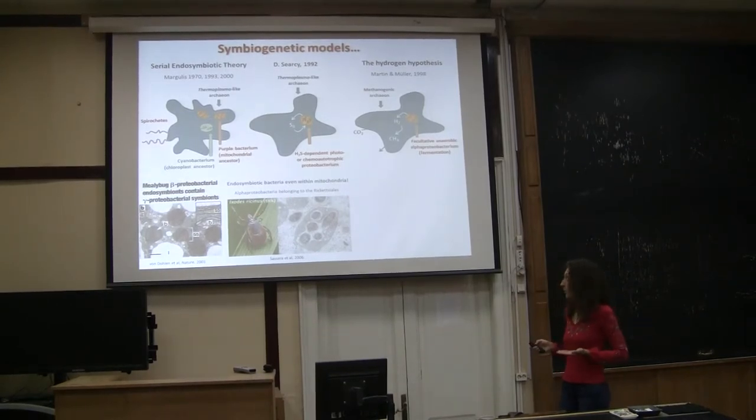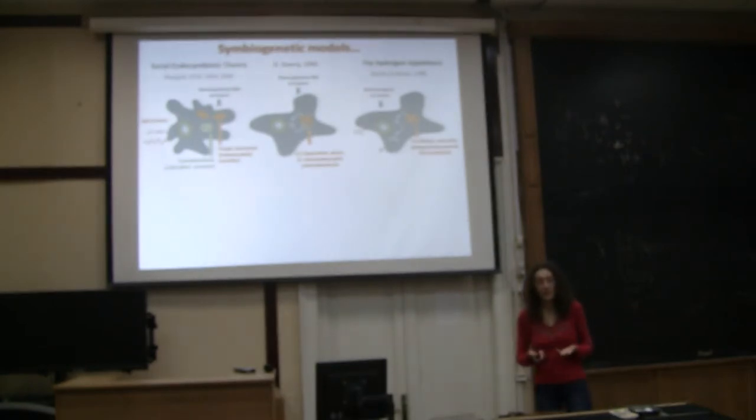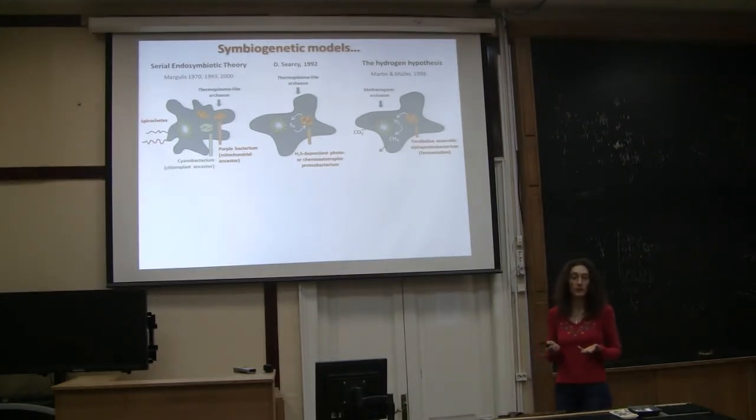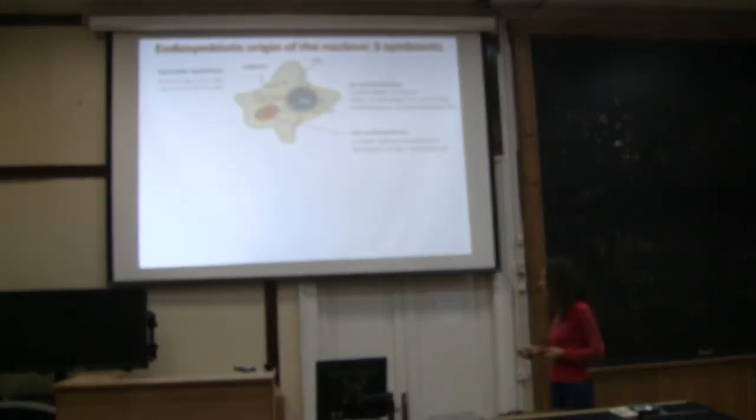So this occurs. The only thing that these models at the beginning didn't explain is an essential feature of eukaryotes, that is the nucleus. Okay? Only in 2006, Bill Martin and Eugene Koonin proposed a model for the origin of the nucleus, and I will come back to this later.